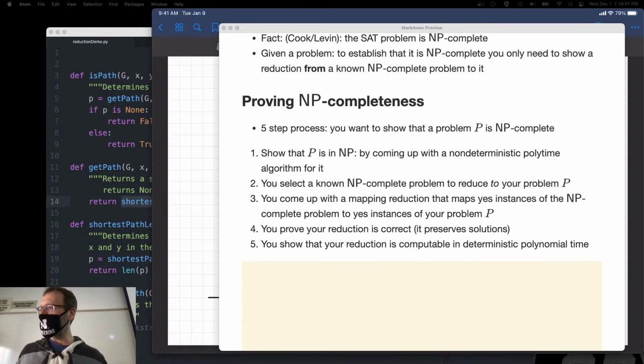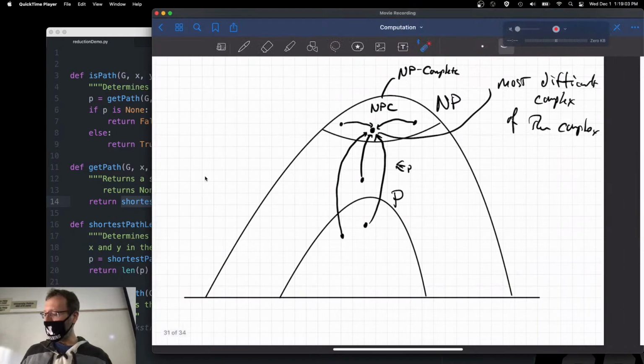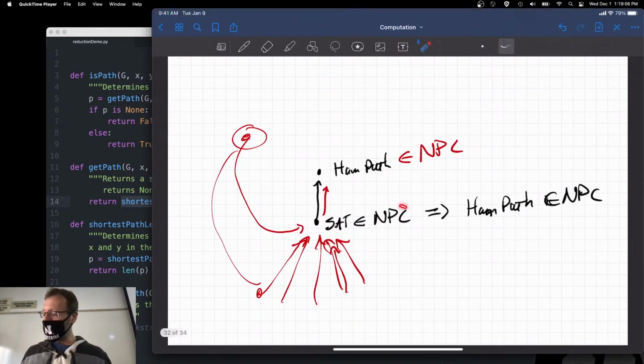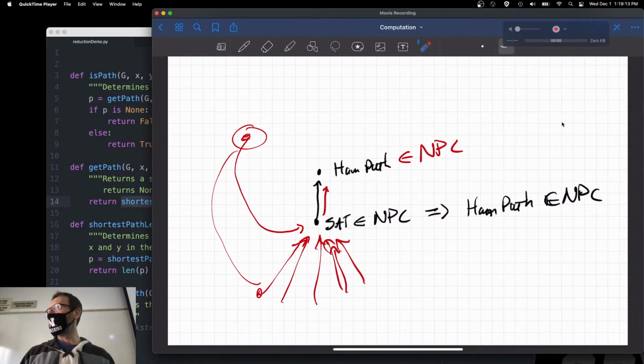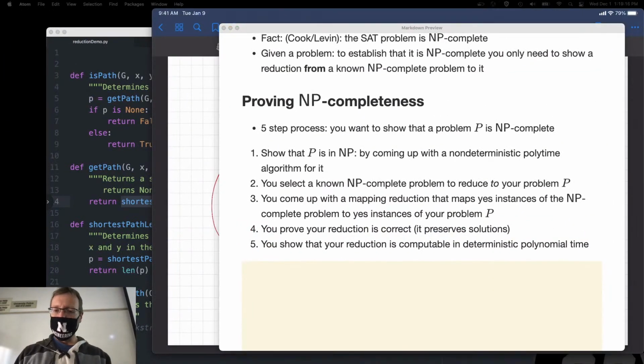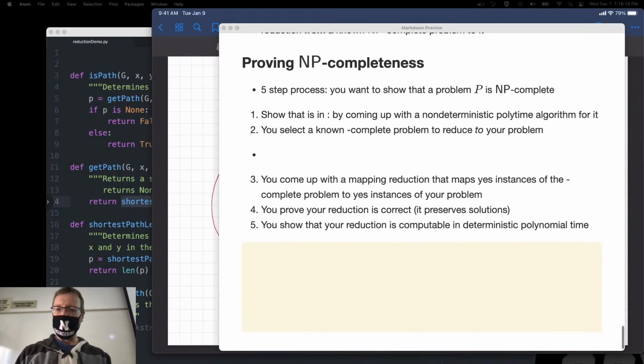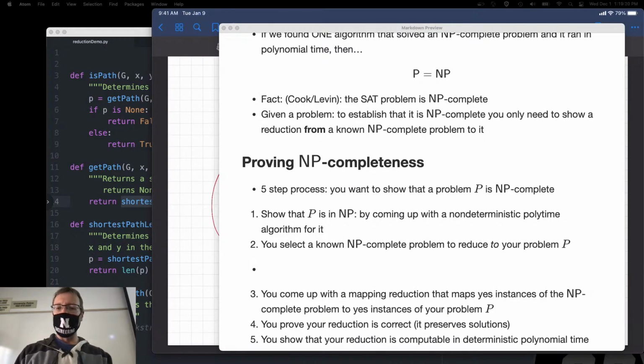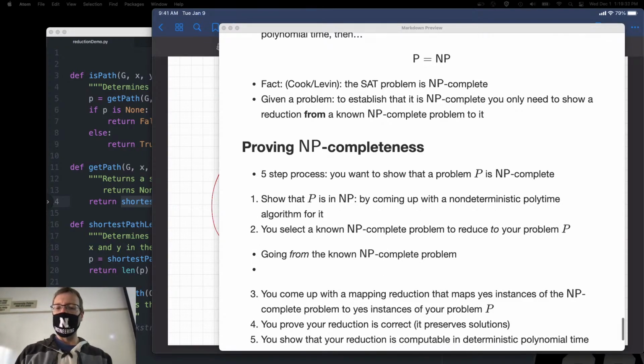And then we go back to this picture over here, and how did we do it over here? We took a known NP-complete problem and we reduced it from that problem to our current problem. So let me put both of those words back in there, so we are going from the known NP-complete problem to your problem.